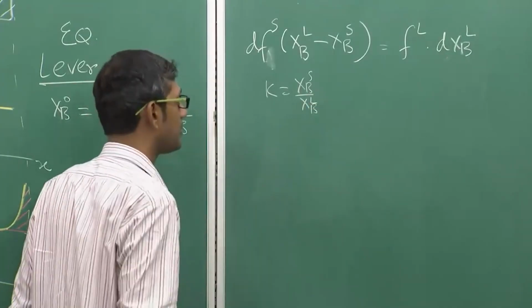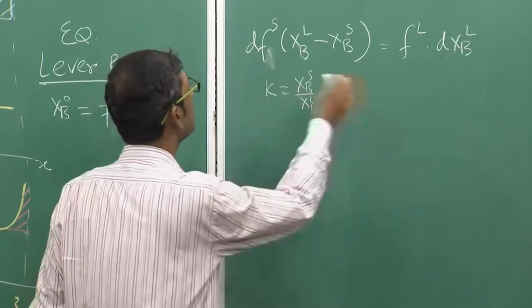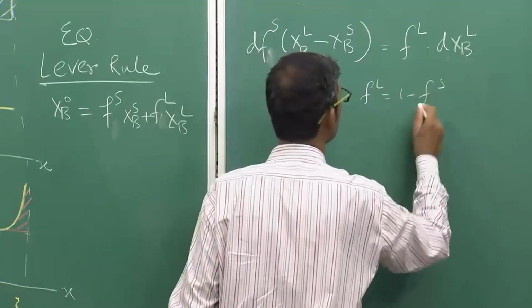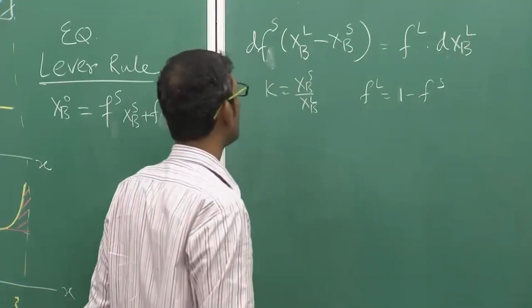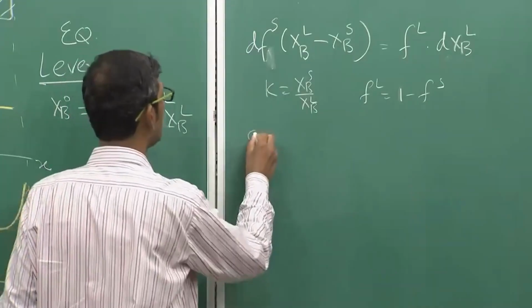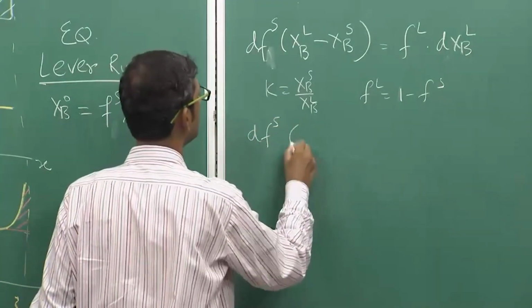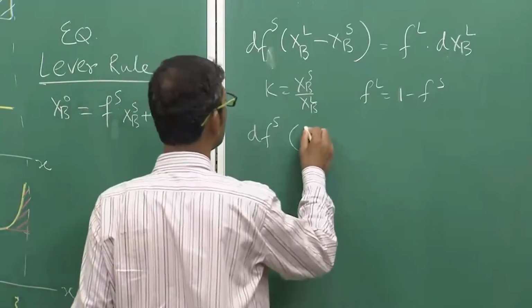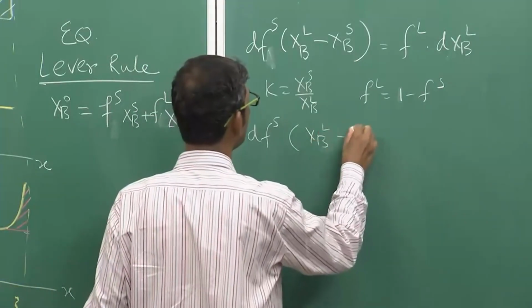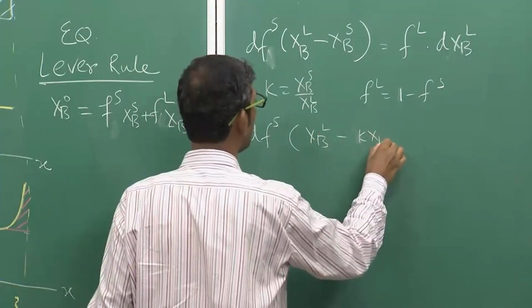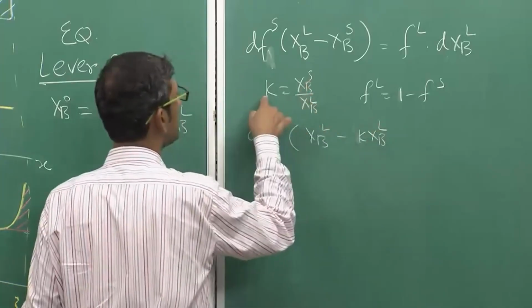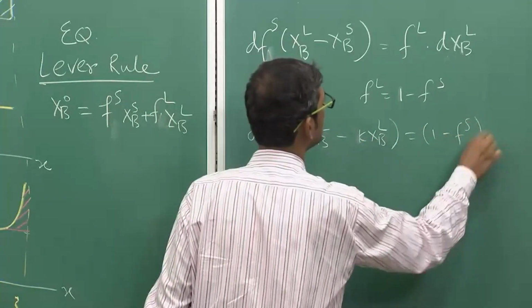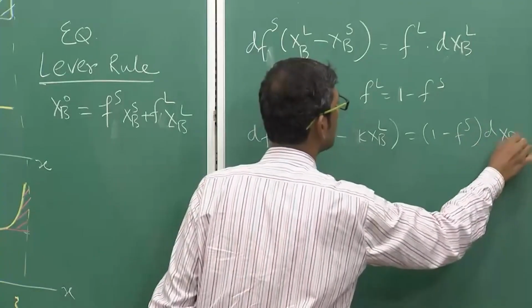This is the partition coefficient. We also know that FL is equal to 1 minus FS. So, let us make the change over dFS: XBL minus K XBL, with XBS equal to K XBL, equals 1 minus FS into dXBL.